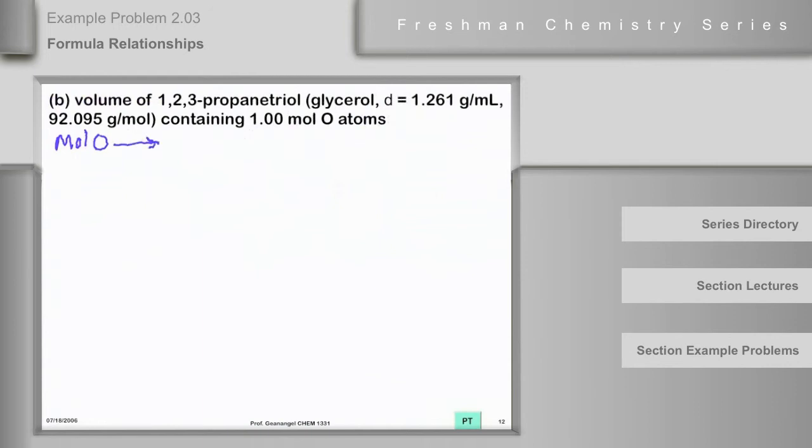We're going to convert that to the moles of compound, and the moles of compound we're going to convert to the mass of the compound because we have the molar mass there. And then the mass of the compound will convert to volume, which is what it's asking us, using the density. So moles of oxygen to moles of propane triol to mass of propane triol to volume of propane triol.